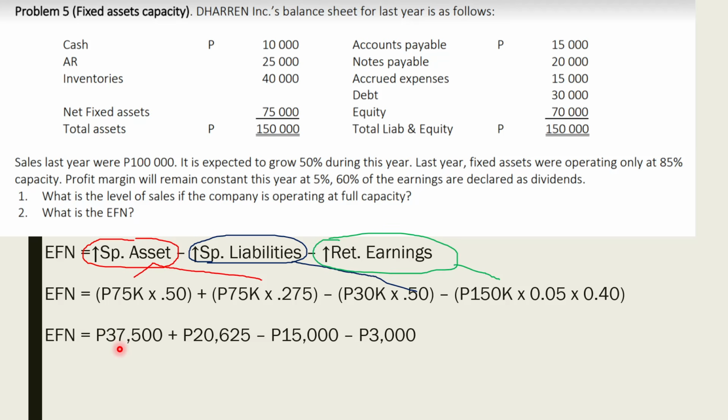EFN is 37.5 plus 26.25, that's the growth of your assets, minus 15,000, that's the growth of your liabilities, minus 3,000, that would be your addition to retained earnings. Your external financing needed, the final answer for number two, should be 40,125. And that would conclude my discussion for this final problem of Darren Incorporated.